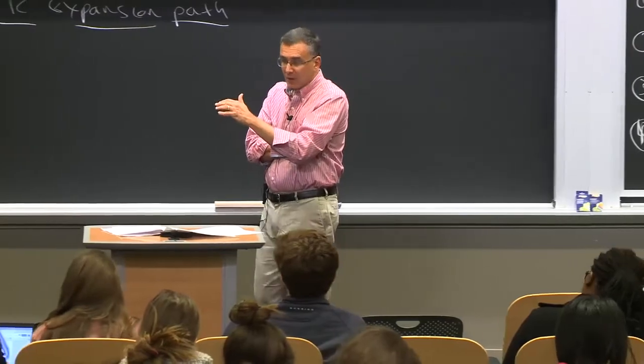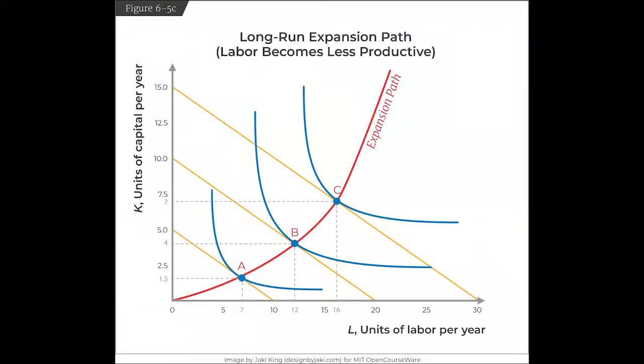On the other hand, in figure 6.5c, we can have a long run expansion path where labor becomes less productive relative to capital. Think of this like heavy machinery, where all workers can do is run the machine. The second worker doesn't really do much but sit there and flip a switch. You need the worker to flip the switch, and that's all they do.